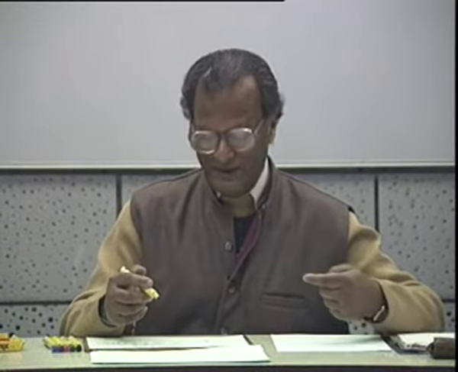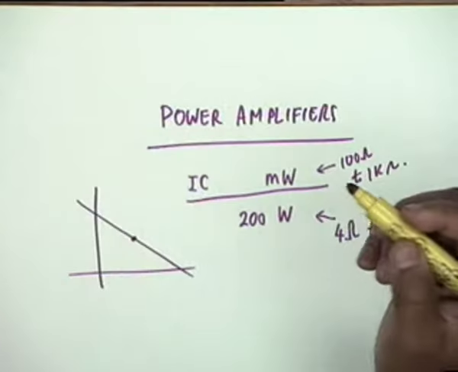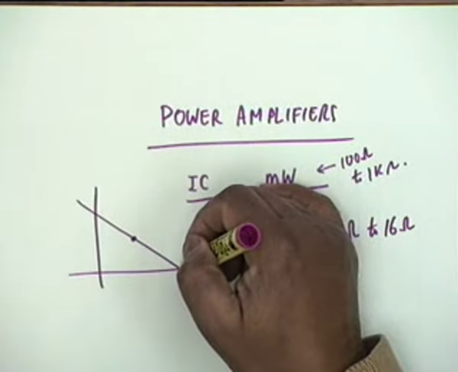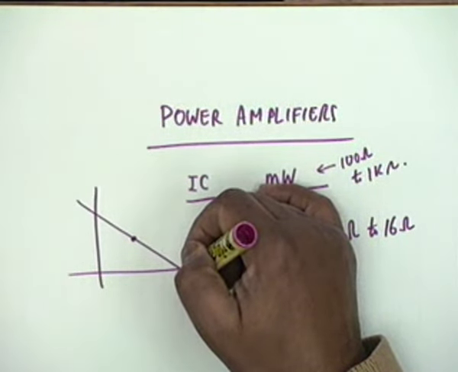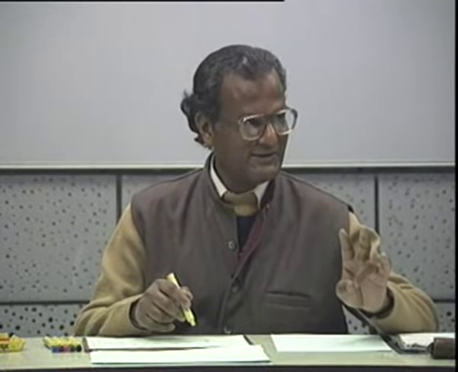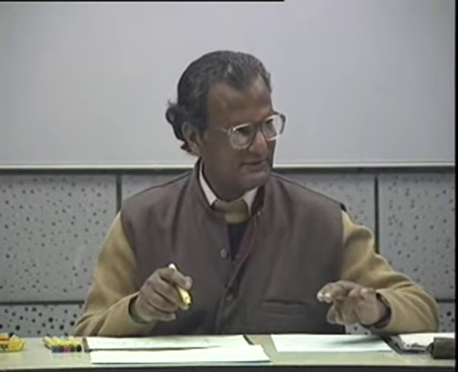If you want distortion-less power amplification with a single device, then your Q point has to be somewhere in the middle of the load line, so that the swing on this side is VCC and the swing on this side is 0, but it cannot be exactly 0. It must be limited to 0.2, that is VCE set. If we go beyond that, then there will be distortion.